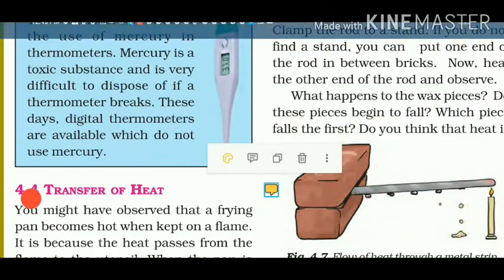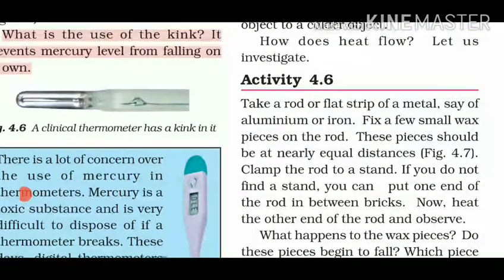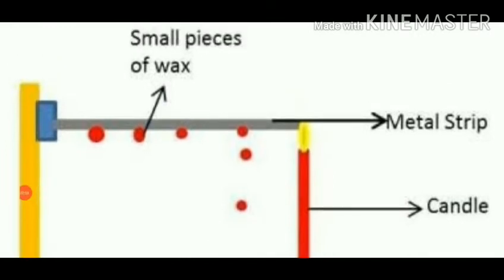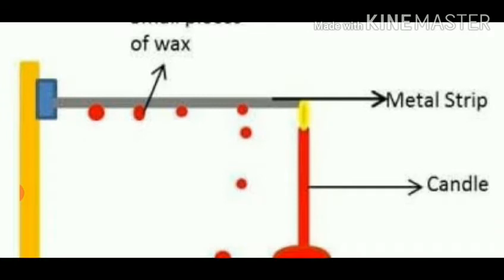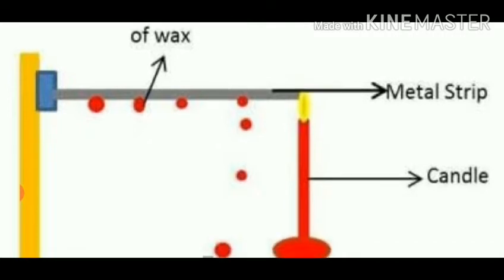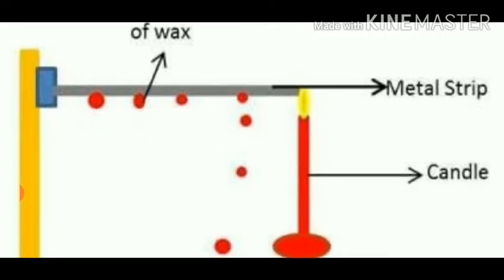Now to understand this, we will be studying one simple activity, that is activity 4.6. For this activity, we require an iron rod and a burning candle. At the base of the iron rod, we will be fixing small pieces of wax. Then we will bring the burning candle near the outer end of the rod and heat it.